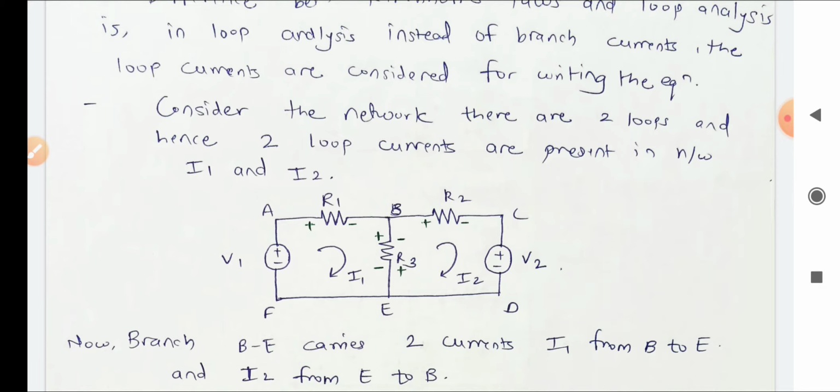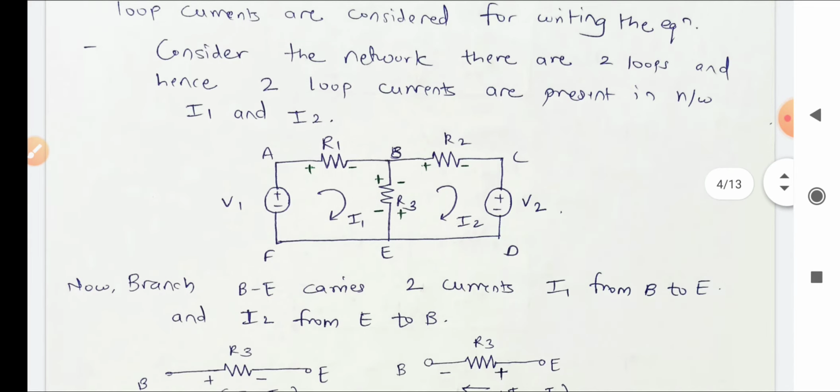Now to get an idea, we'll consider one network. This is the network on the screen, A, B, C, D, E, F, A. So in that network two loops are present, loop A, B, E, F, A and B, C, D, E, B. As two loops are there, two loop currents are present in the network. So we'll assume I1 is loop current 1 and I2 is loop current 2.